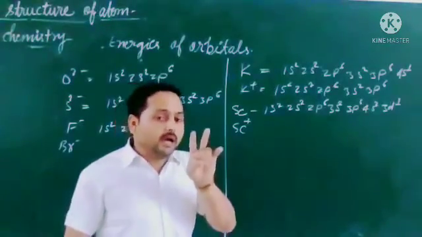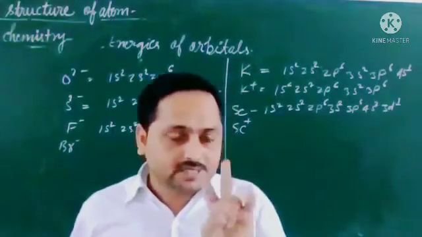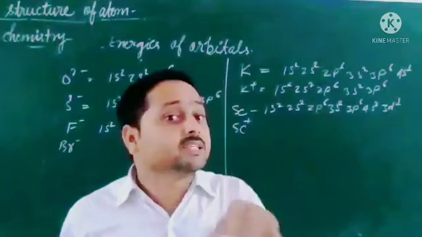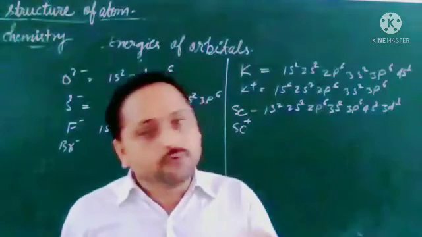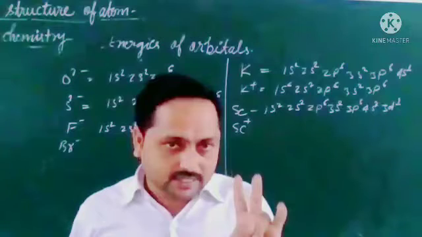Here first we will note one more point. If you are going to remove electrons, first you check which one has the highest value of n. From that, the electron will be removed. Here 4s is the outermost, yes or no?